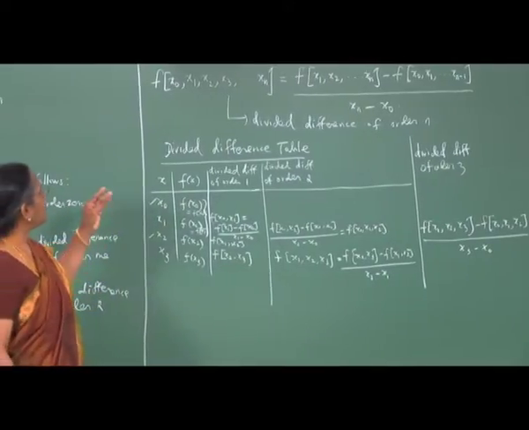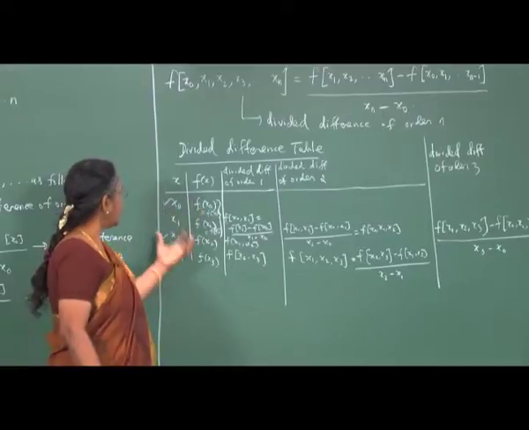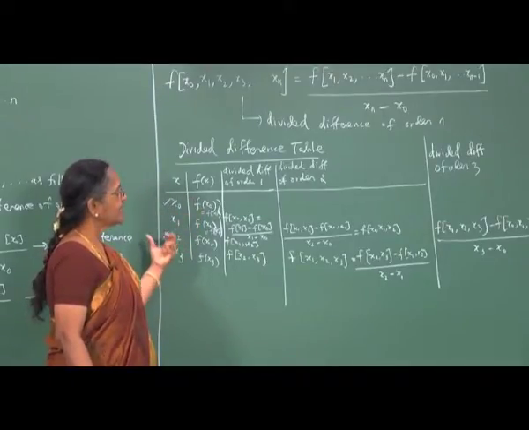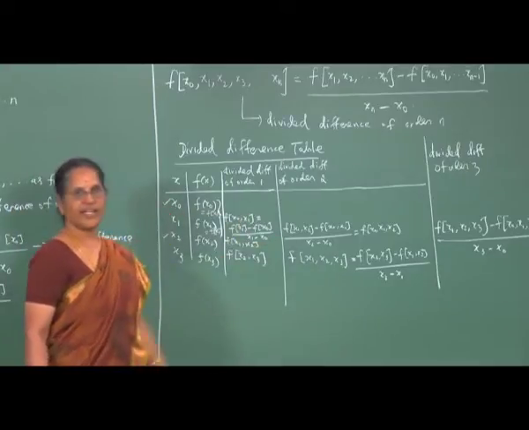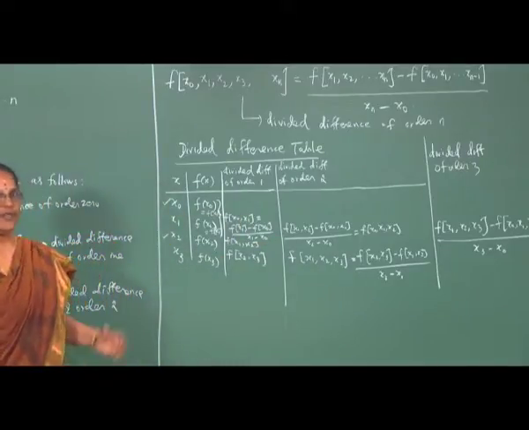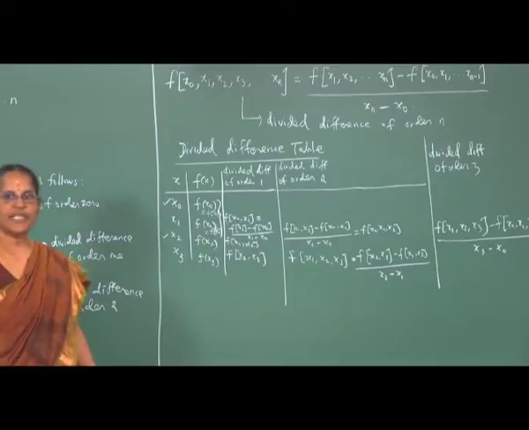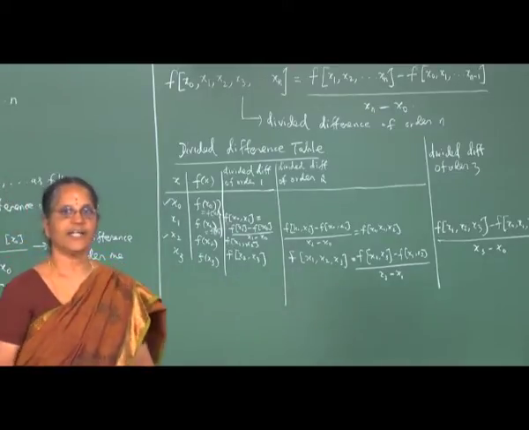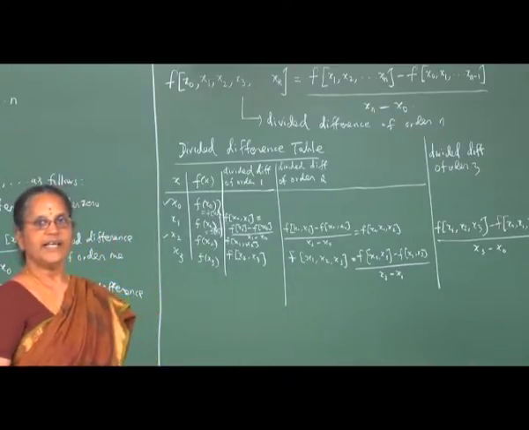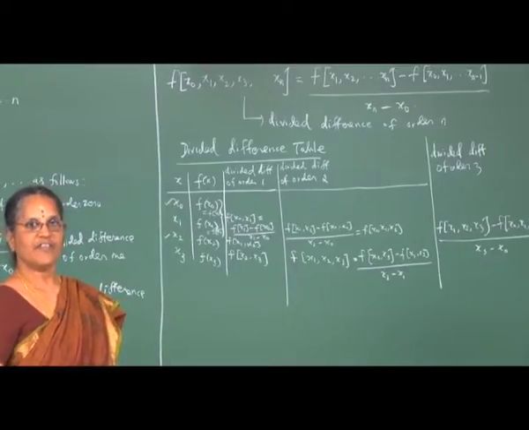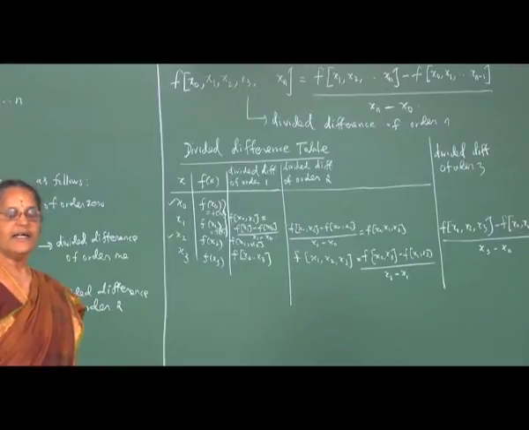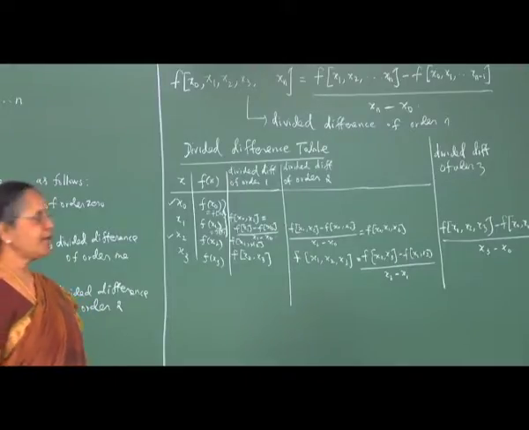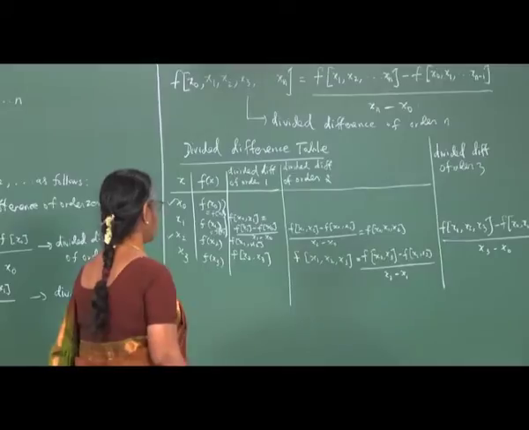So, given some information about f at discrete points, we use the definition of divided differences and have formed the divided difference table. So, with this information, we should see now whether we can construct an interpolating polynomial that interpolates a function f of x at a set of discrete points xi, where the xi's need not be equally spaced.